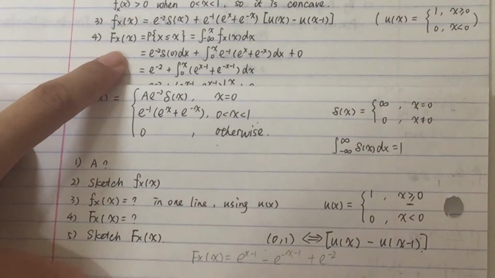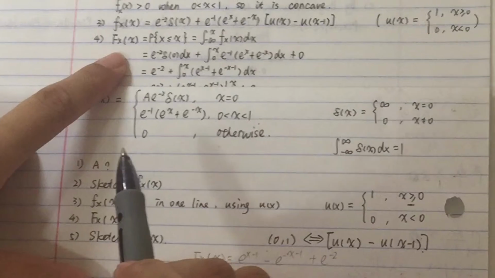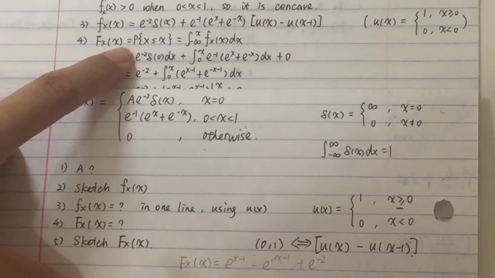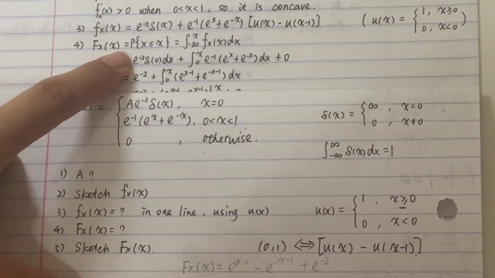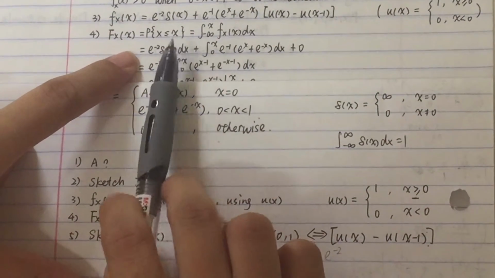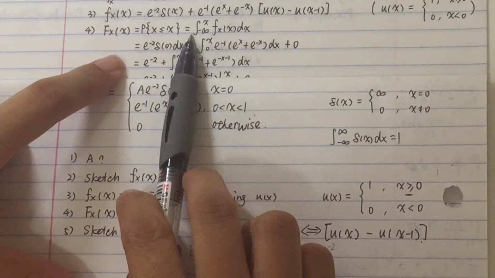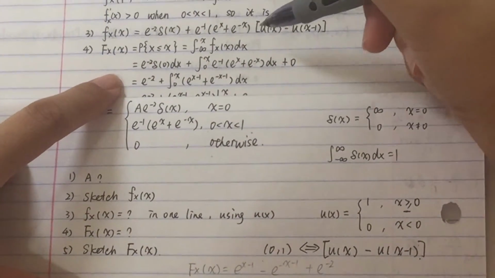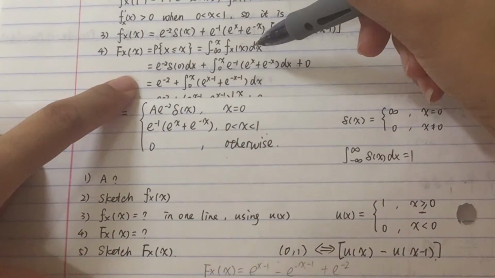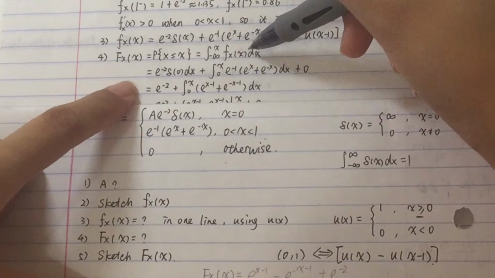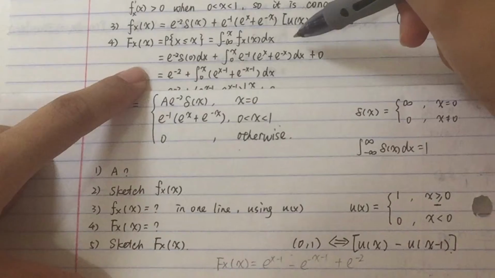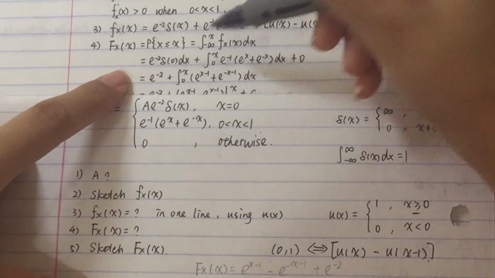By definition, distribution function Fx equals the probability that the random variable X is no more than x, and also equals the integral of the density function fx in the interval from minus infinity to x.